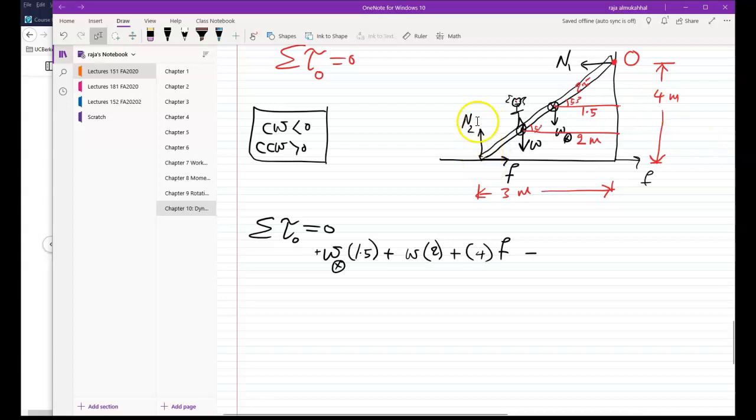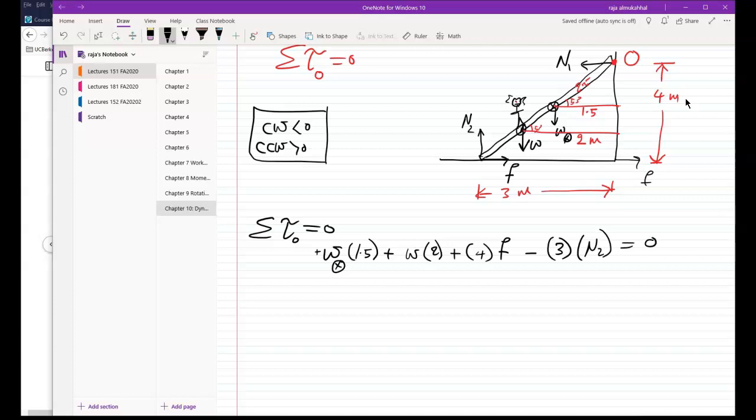Look at N2, and here is the moment arm for O. But look at that. N2, if you make it go around O, it's going to be clockwise. See that? It's clockwise. So that's going to be minus 3 times N2.